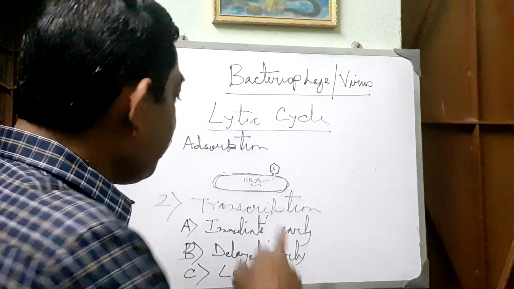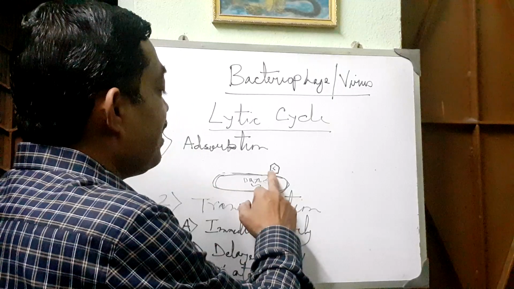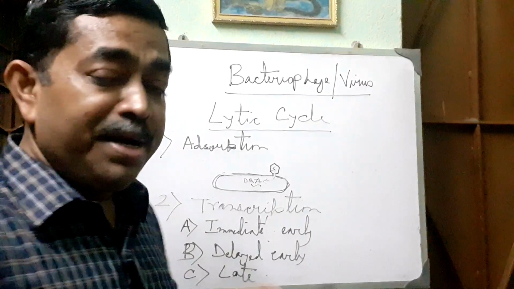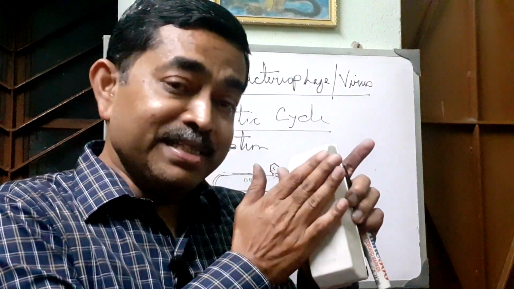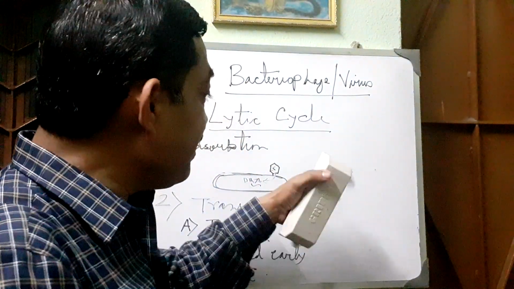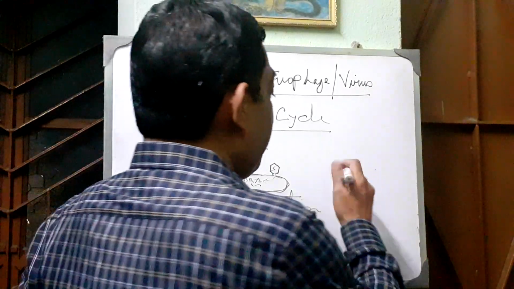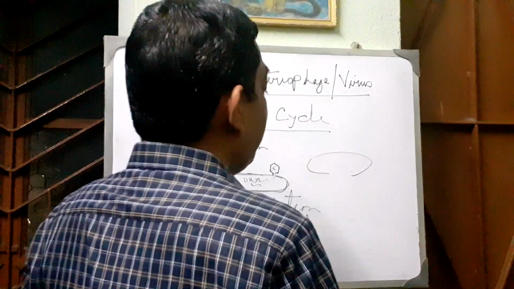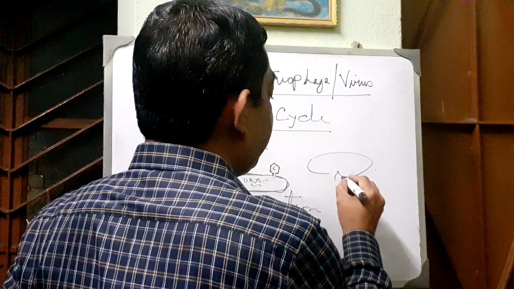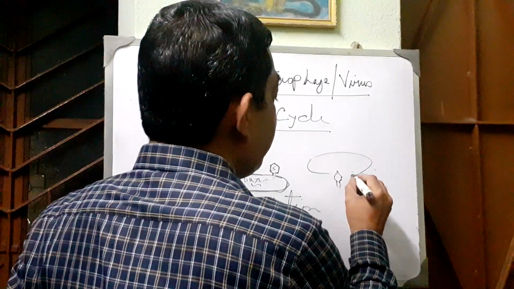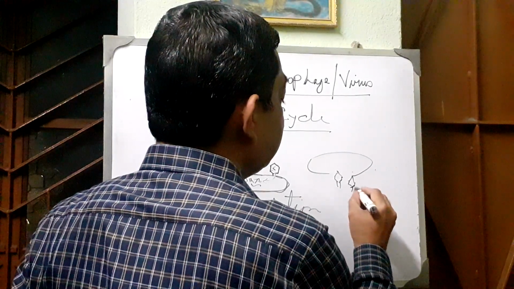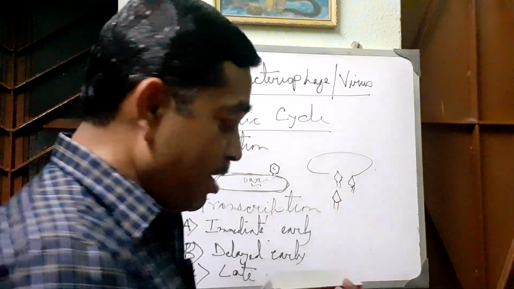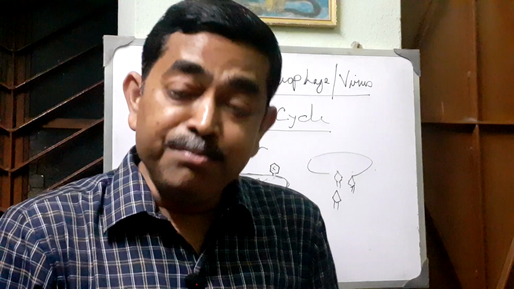In this case, the time from when adsorption starts by the tail fiber with the bacterial cell to the release of the mature bacteriophage particle from the bacterial cell is called the latent period.